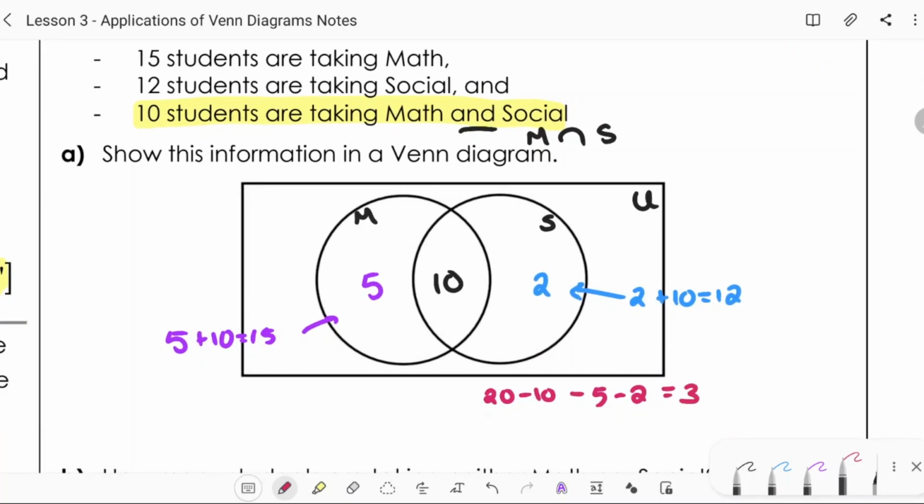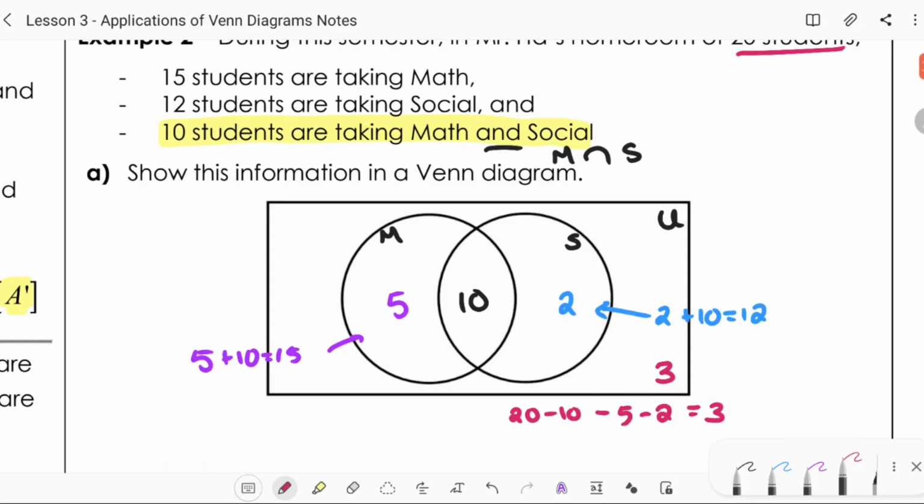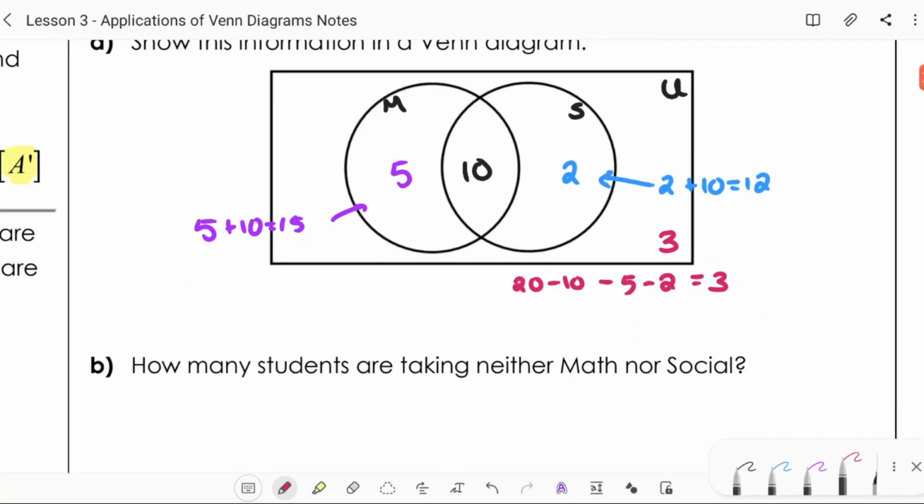So that means there's 3 left over. Right? There's 3 students in this homeroom class that aren't taking math or social. And that's what this last question is getting at. How many students are taking neither math nor social? 3 students.